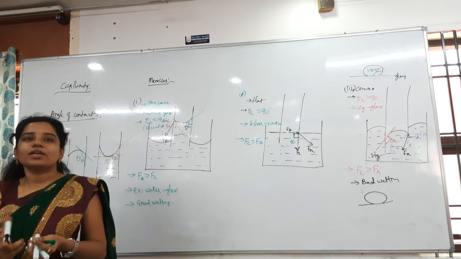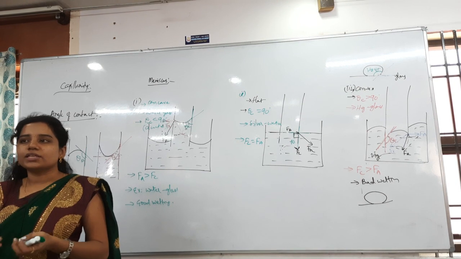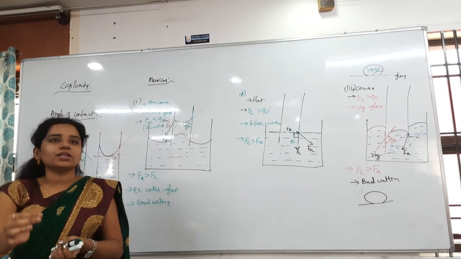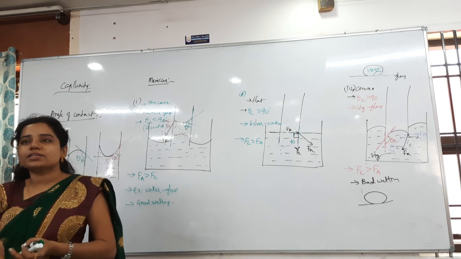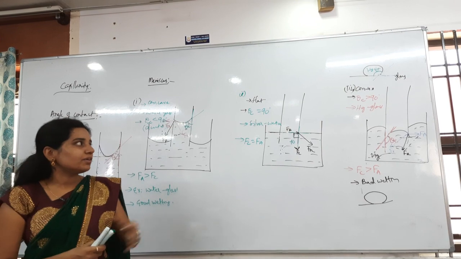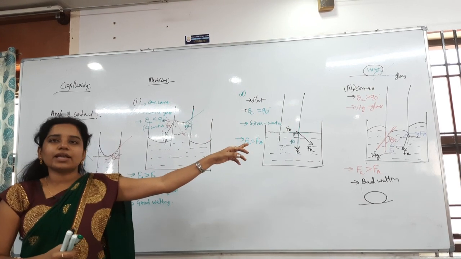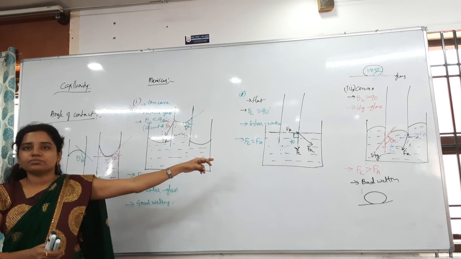Normal wetting. We cannot say it is no wetting either. Whenever I drop water on silver, it will spread over. At that time it is wetting only. But compared to mercury and glass, it is good wetting. As compared to that one, it is excellent wetting here.